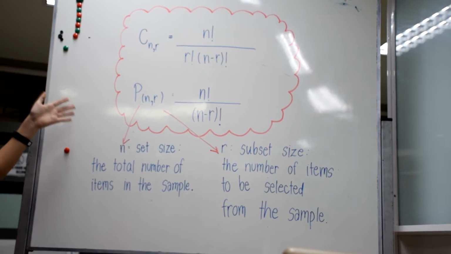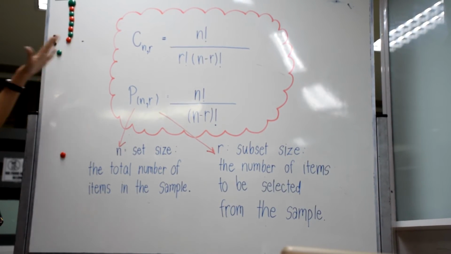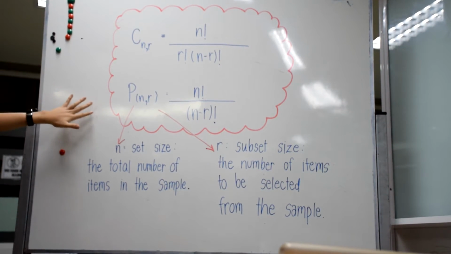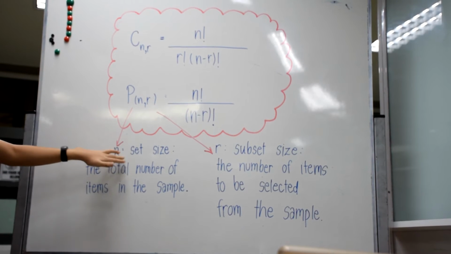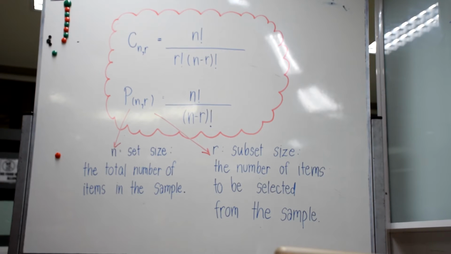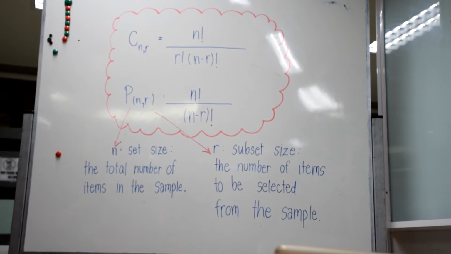This is the formula of combinations and permutations. The first one, C(n,r), you can see in the picture, and n is the set size, the total number of items in the sample. r is the subset size, the number of items to be selected from the sample.